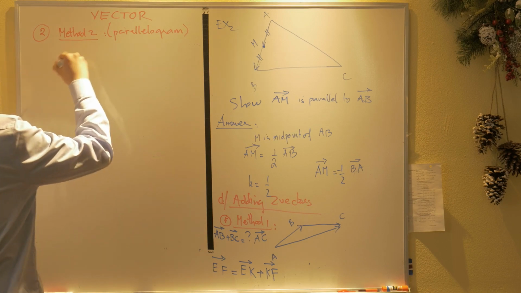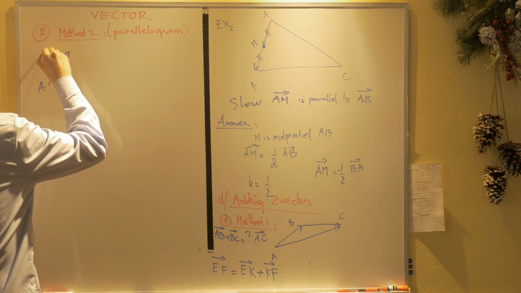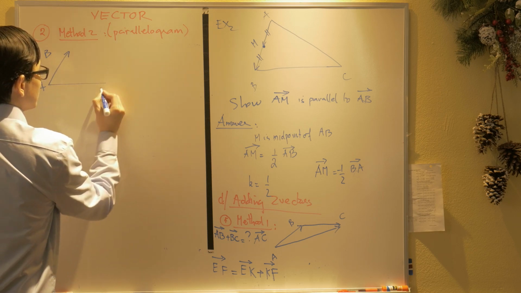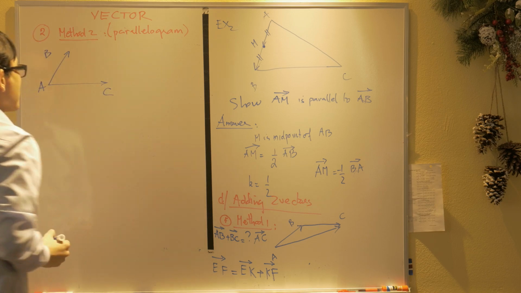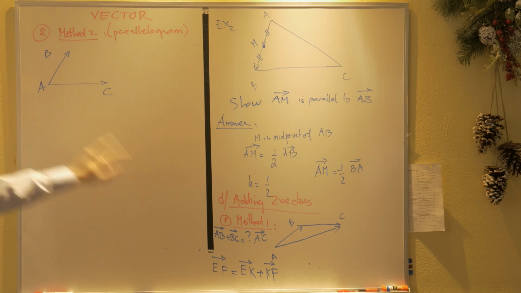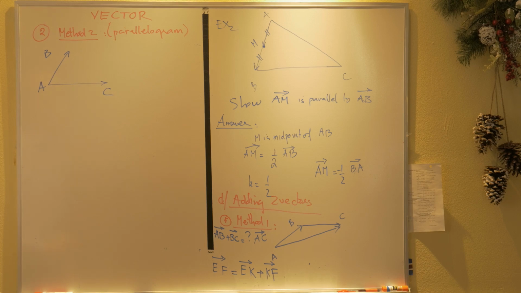For example, I have a vector AB that looks like this, and I have another vector AC that looks like this. AB and AC share the same initial point, so it's different from the previous case.